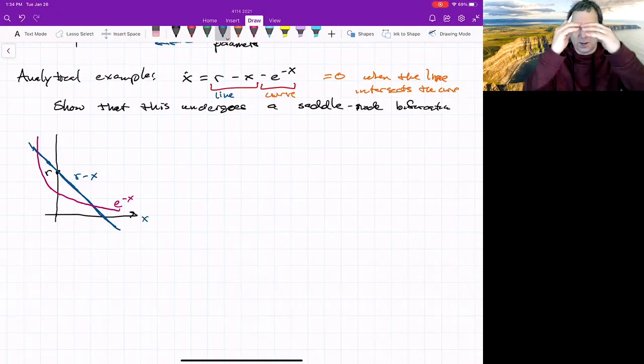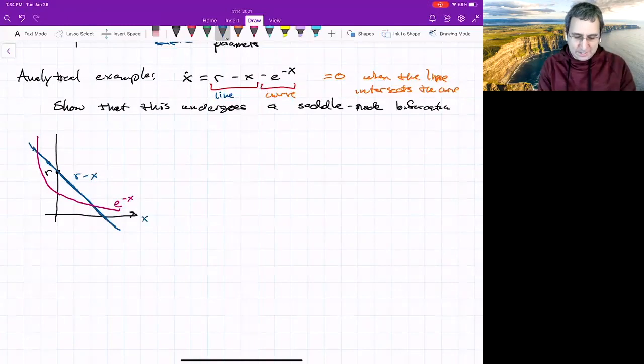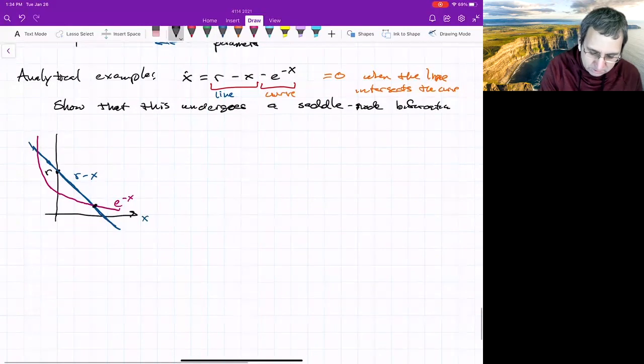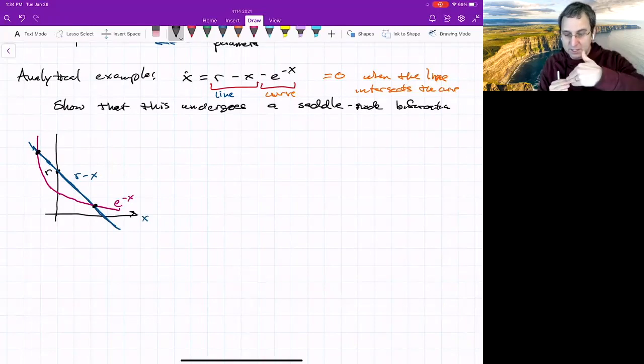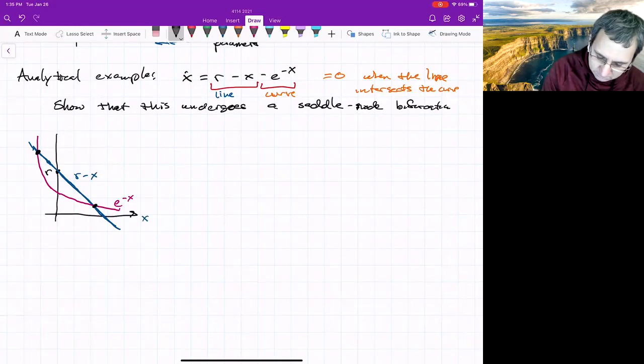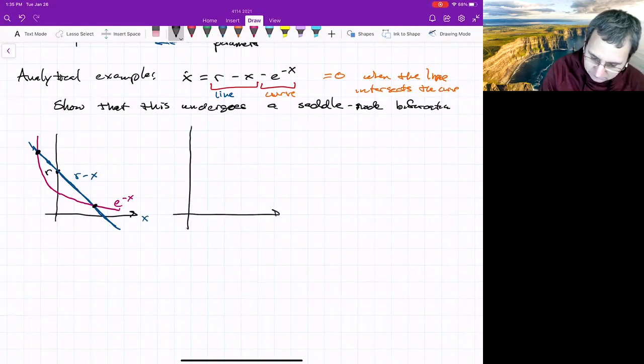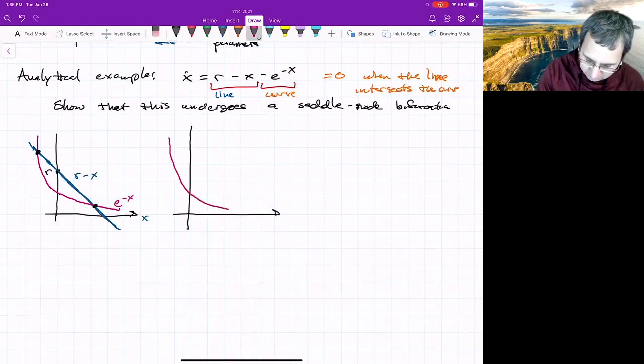And of course, as you adjust what r is, you're going to get different types of intersections, right? Here I've chosen a case where it looks like there are two intersection points. When one curve intersects the other, that's one curve minus the other equals 0. But for a different value of r, I've got my curve, e to the negative x, the same thing.